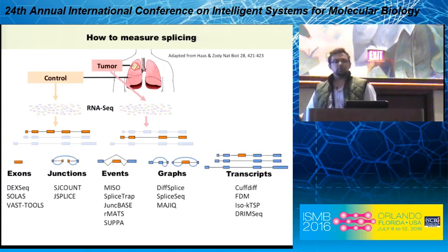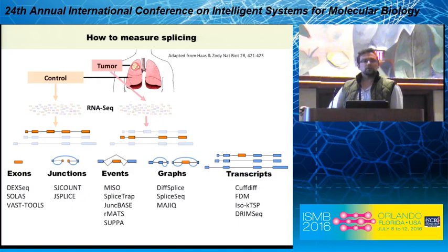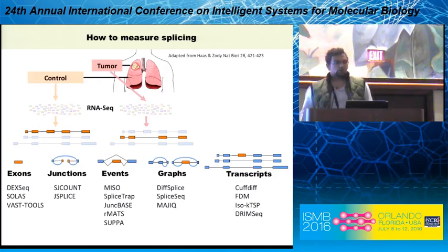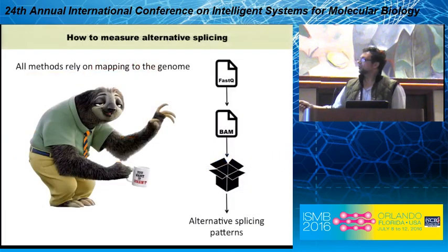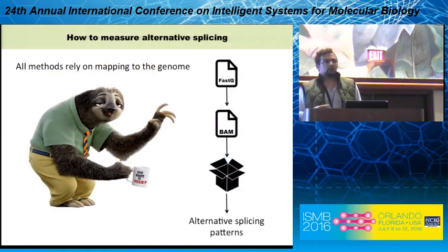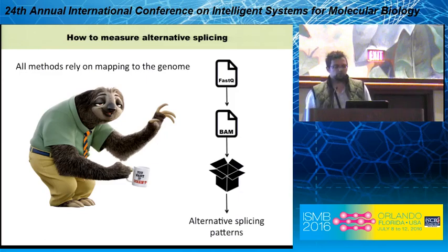They are very different, from exon junction or event-based methods and graph methods, to working directly with transcripts. Each one has advantages and disadvantages. I won't go into the details, but one common thing among them all is that they rely on mapping to the genome. Although it's quite fast nowadays, it takes quite a lot of time, and you need huge computational resources to do that in a reasonable time.